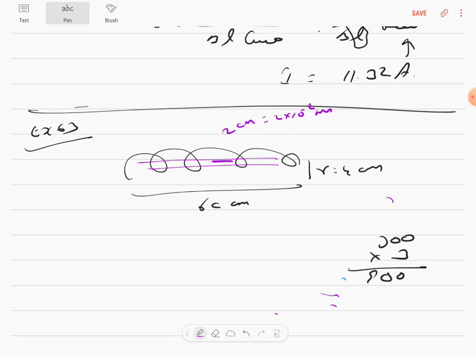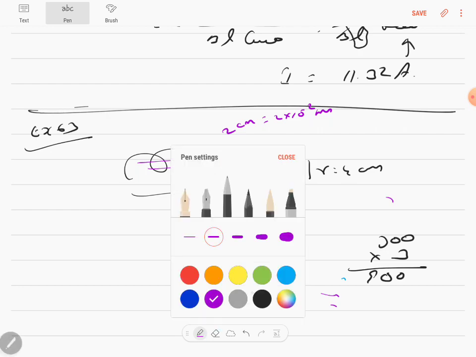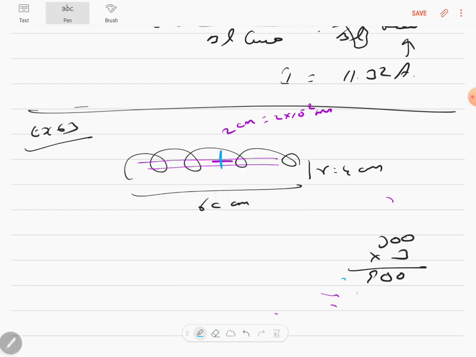A 2 cm long wire of mass 2.5 grams lies inside near its center normal to its axis. Means I have to draw like this only, no? 2 centimeter long. We'll read the question later when we can infer. Both the wire and the axis of solenoid are on the horizontal plane. Let it be, leave that point.